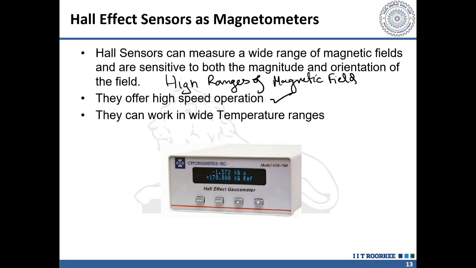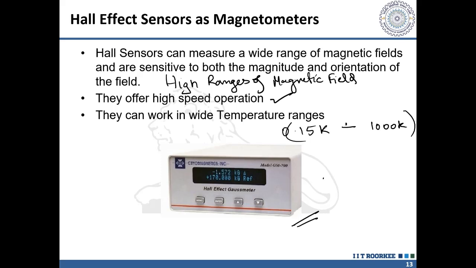As I've seen, they work from about 0.15 Kelvin to huge ranges, in the range of 1000 Kelvins, like huge temperature ranges as such. And here we have the image of a Hall effect gauge meter. Basically, a gauge meter, in the sense, reads the strength of the magnetic field here, right?